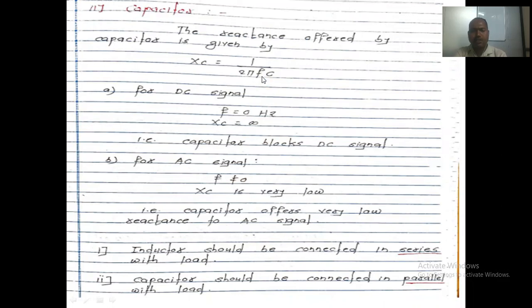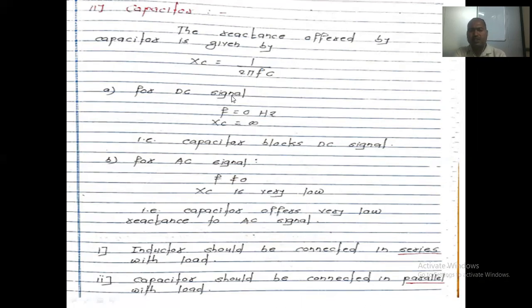So with 0 frequency, it is 2 pi into 0 into something, so it is 1 by 0, which is nothing but infinity. Frequency 0 indicates that 1 by 0 is infinite. So for the DC signal, the capacitor has infinite opposition, so there should be blocking of the DC signal by this capacitor.